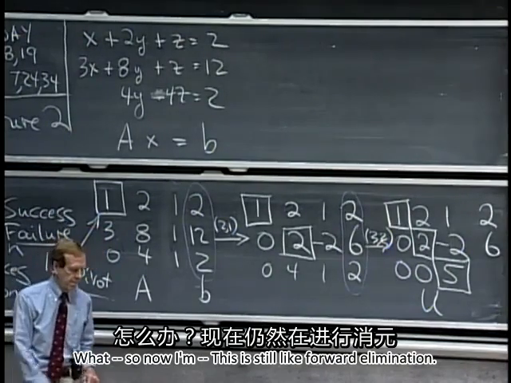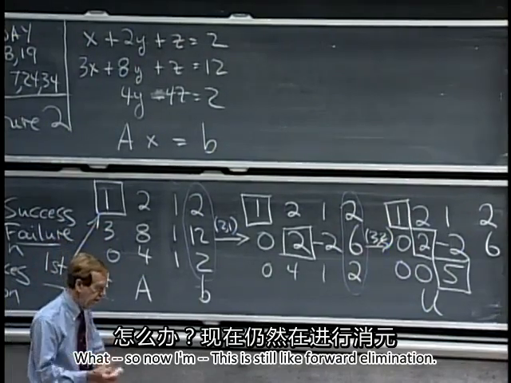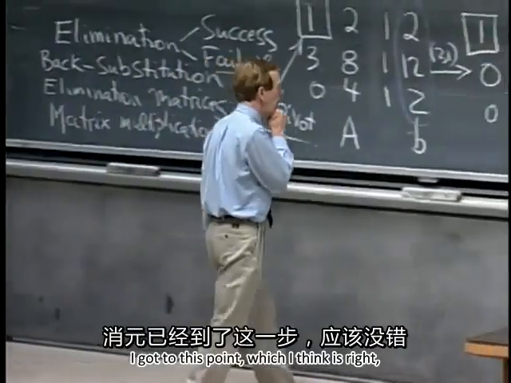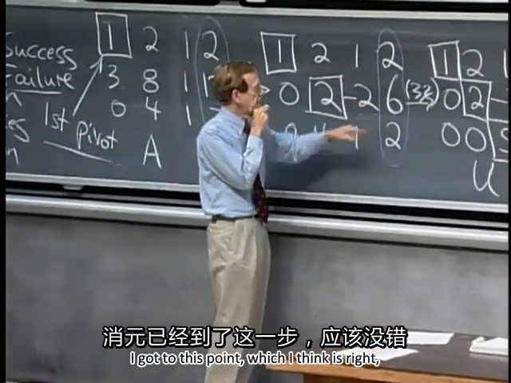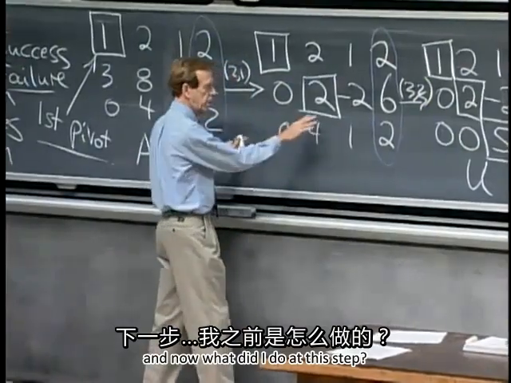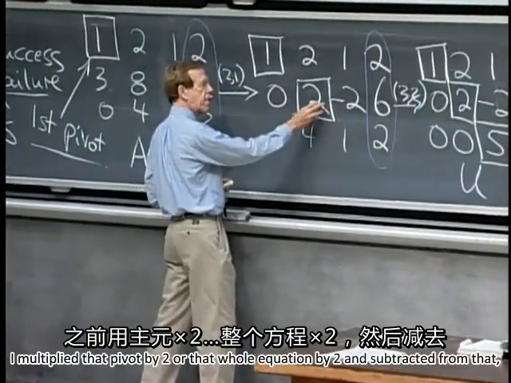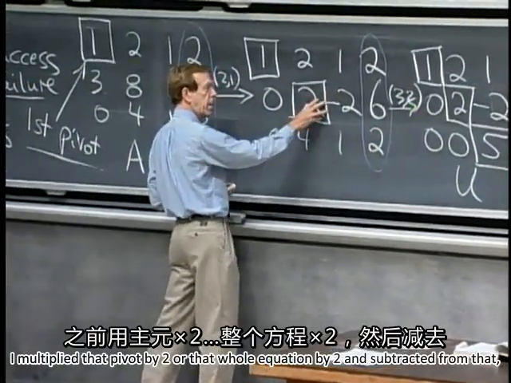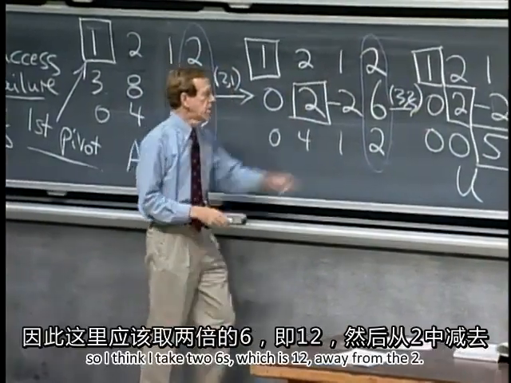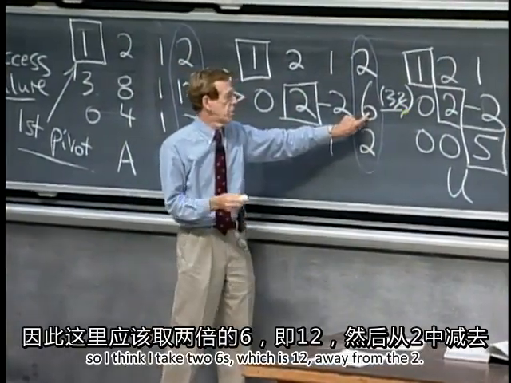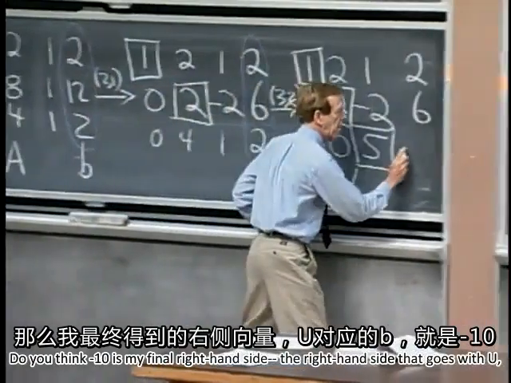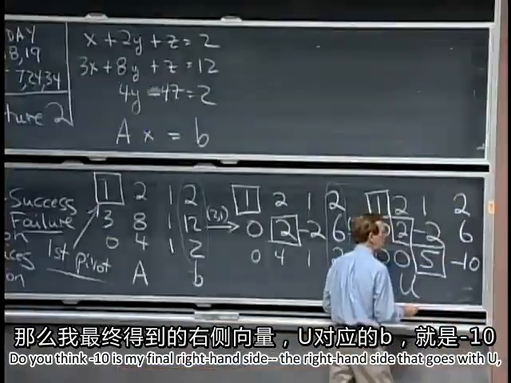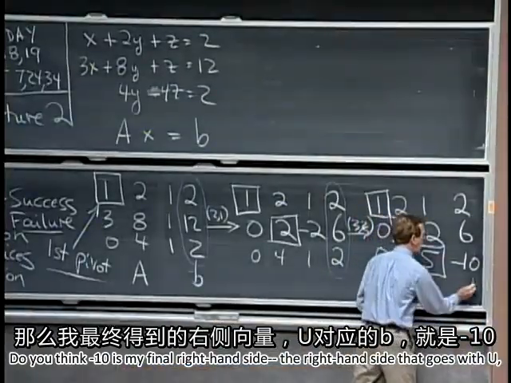So now this is still like forward elimination. I got to this point, which I think is right. And now what did I do at this step? I multiplied that pivot by 2, or that whole equation by 2, and subtracted from that. So I think I take 2 6s, which is 12, away from the 2. Do you think minus 10 is my final right-hand side?